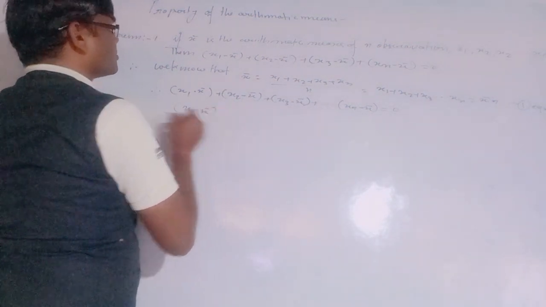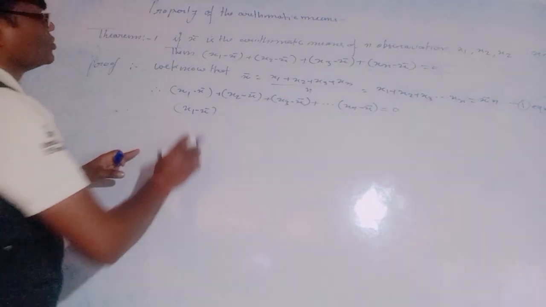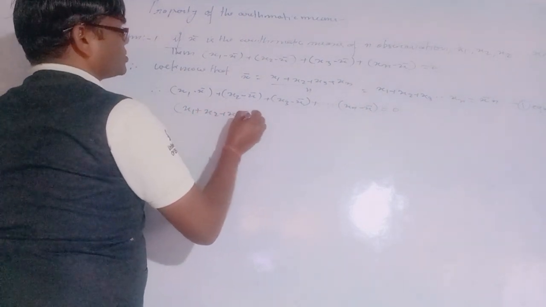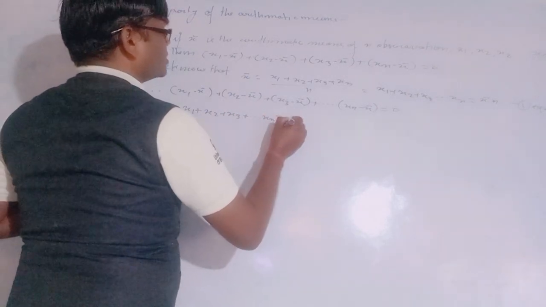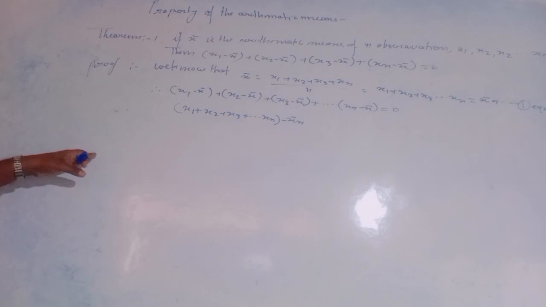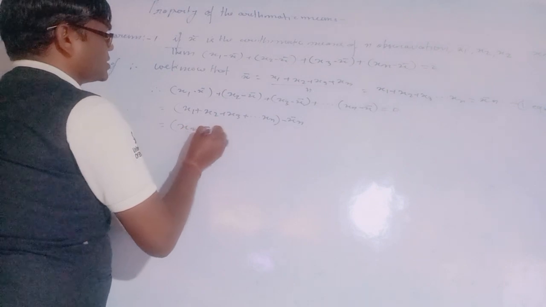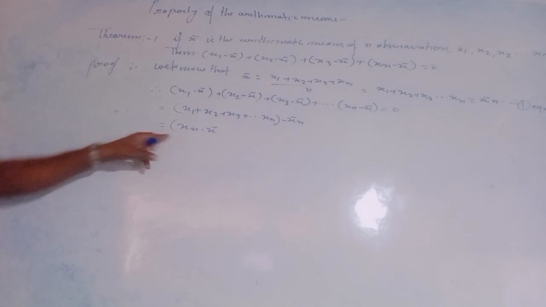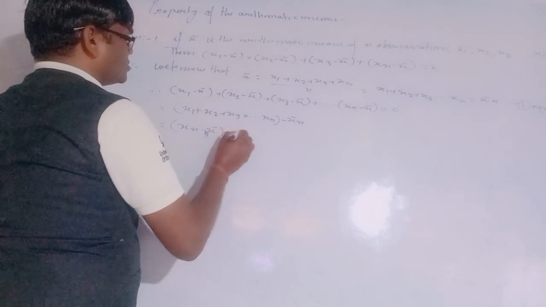So x1 minus x bar plus, x1 plus x2 plus x3 plus up to xn, minus n x bar. Okay, we can write x bar n here. So this is equal to the sum of xn minus n x bar, which is equal to 0.